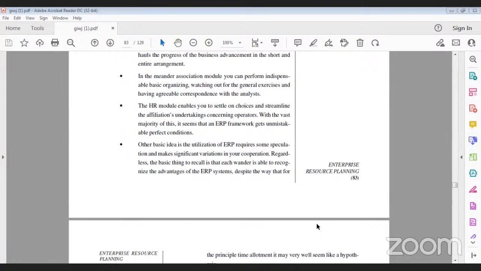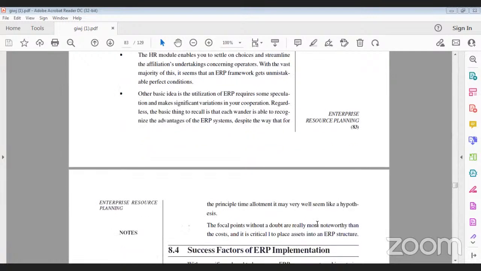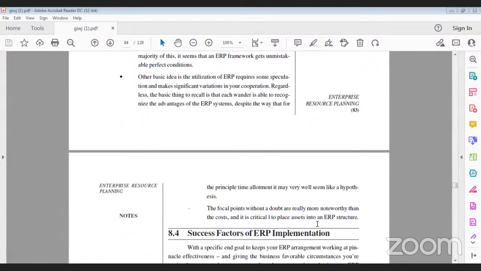Regardless, a basic thing to recall is that each vendor is able to recognize the advantages of the ERP system. Despite that, the principal development of the hypothesis may vary.